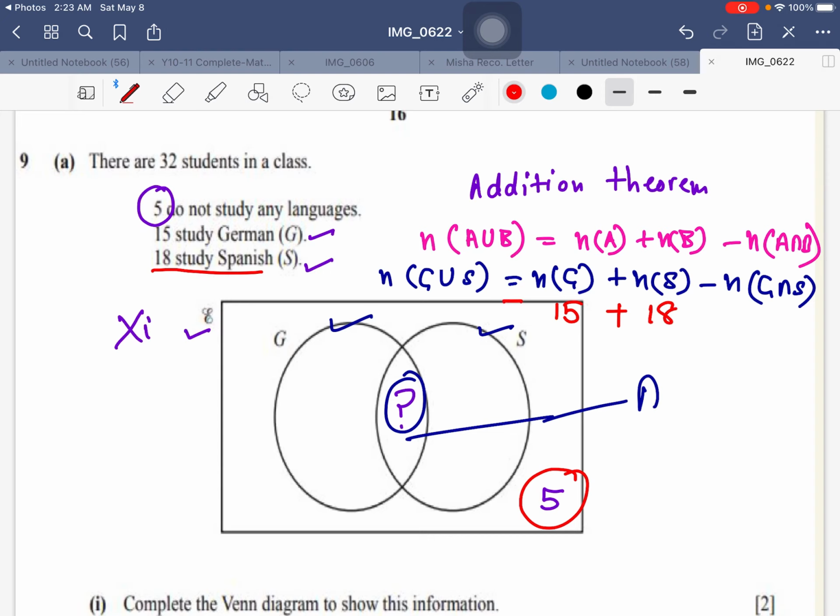Union, what is union now? Union in this case is total 32 minus 5 people who don't study any language, subtract, you get 27. So that's the union of German and Spanish sets. I should write here 27 minus intersection.